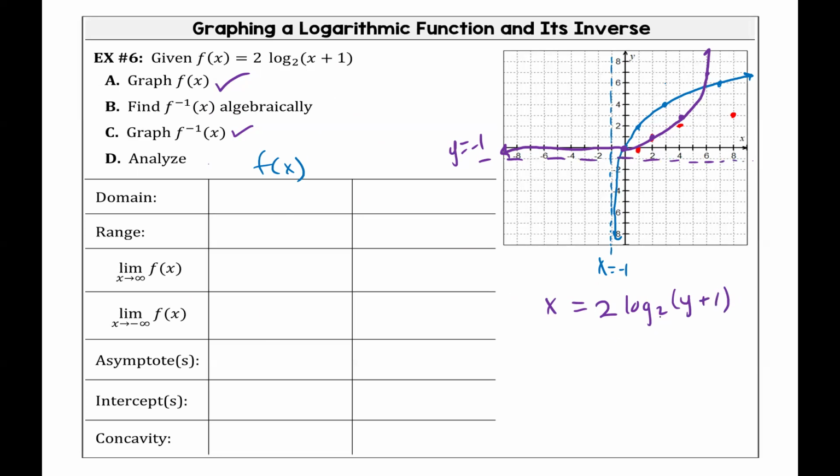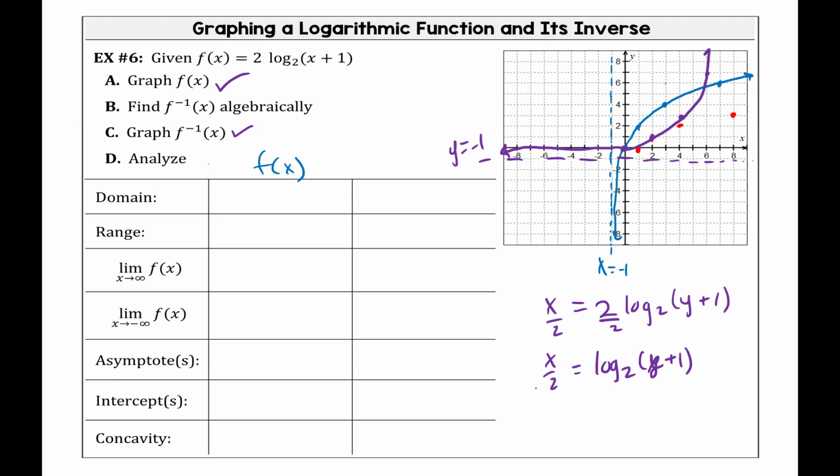Okay. My goal is to get y free. What's the first thing I need to do? I'm going to divide by 2. I can't do anything until I divide by 2. So I divide both sides by 2, and we're left with x over 2 equals the log base 2 of y plus 1. Okay? How can I cancel out a log? It's exponential.